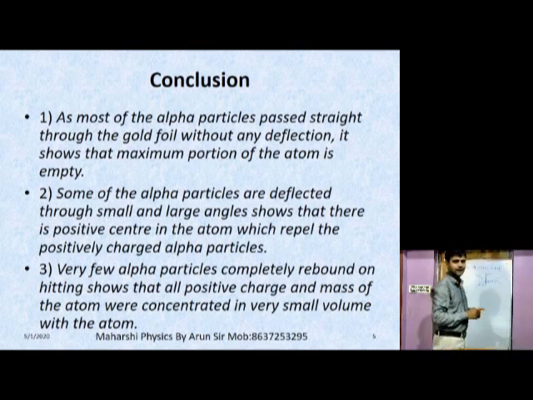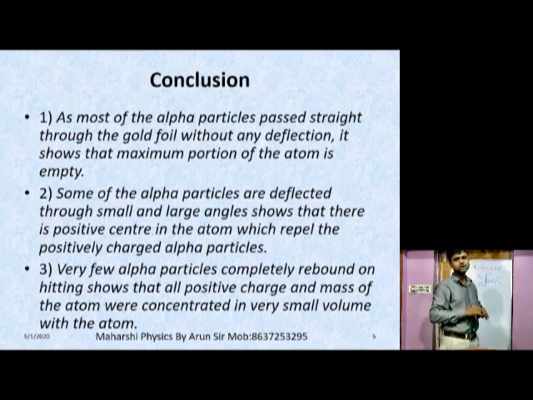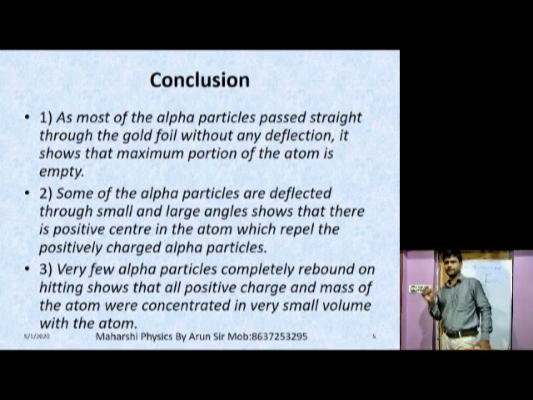And third one is, since a very few alpha particles backscattered, that means there must be a very tiny, positively charged and heavy object situated inside the atom, for which very few alpha particles scatter. These are the conclusions drawn from Rutherford's experiment.